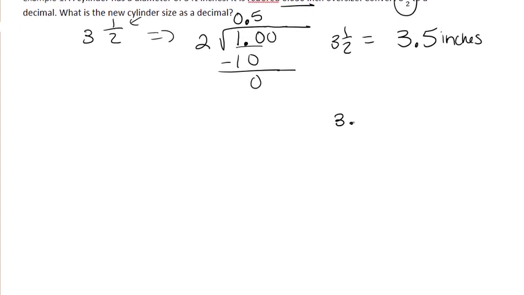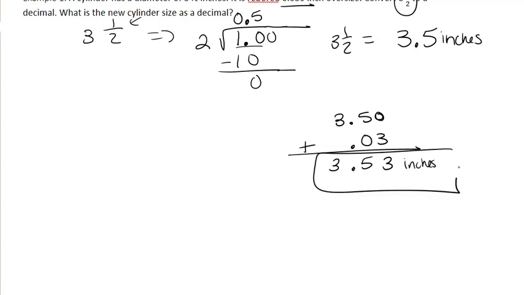We have 3.5 plus 0.03, and we add. Let's add a 0 here to keep our decimal place values the same. So 0 plus 3 is 3. 5 plus 0 is 5. Bring down that decimal and we get 3. And so we would say it is 3.53 inches.